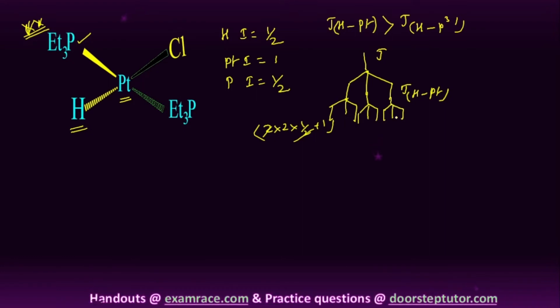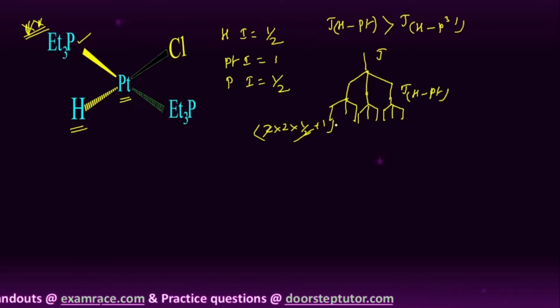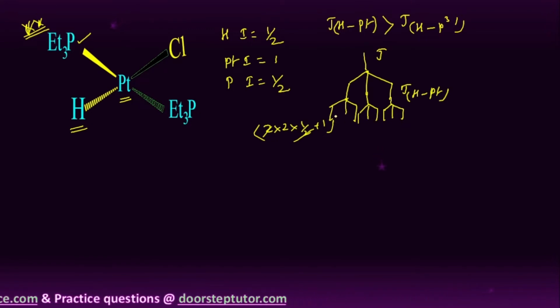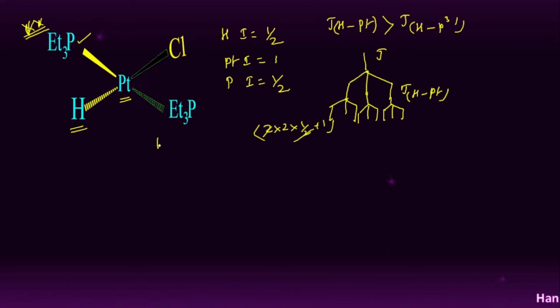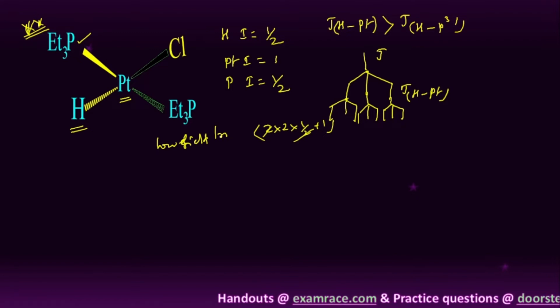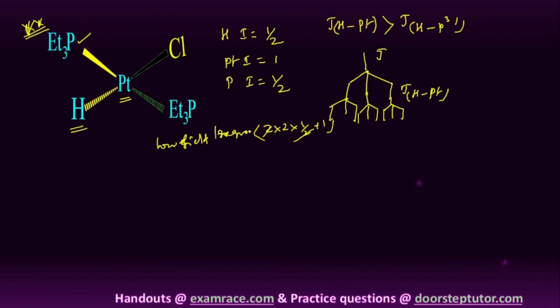So it is a multiplet, meaning it gives a triplet of triplet of triplet. Therefore it gives a multiplet in the NMR spectrum in the low field region, students. Clear?